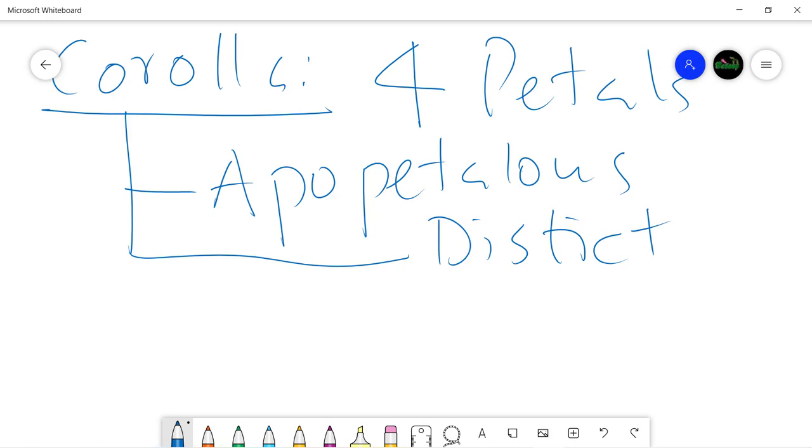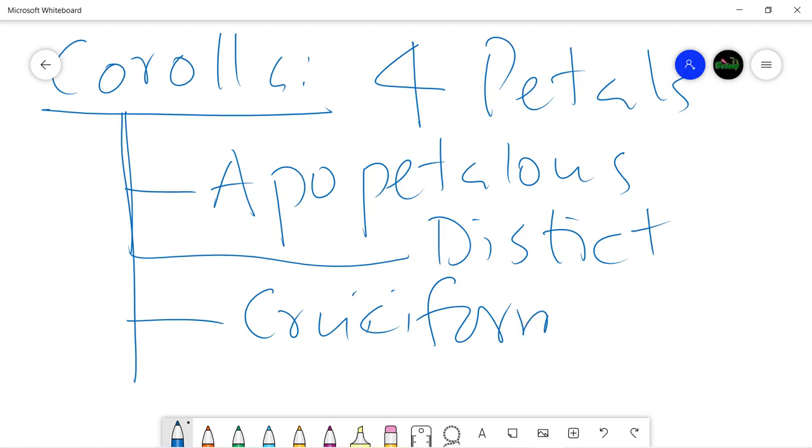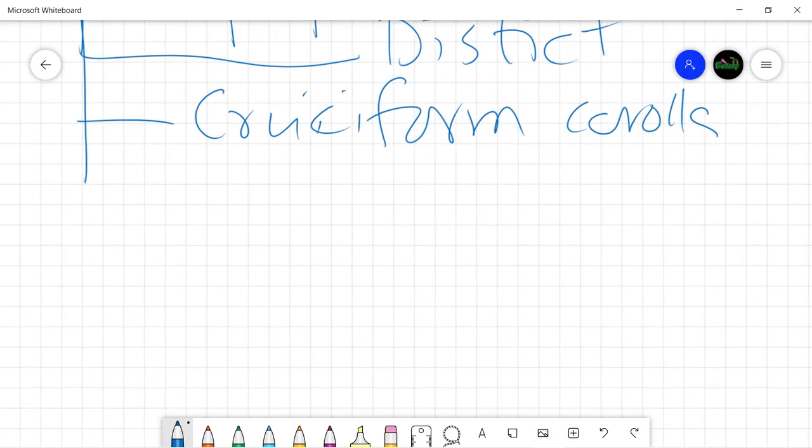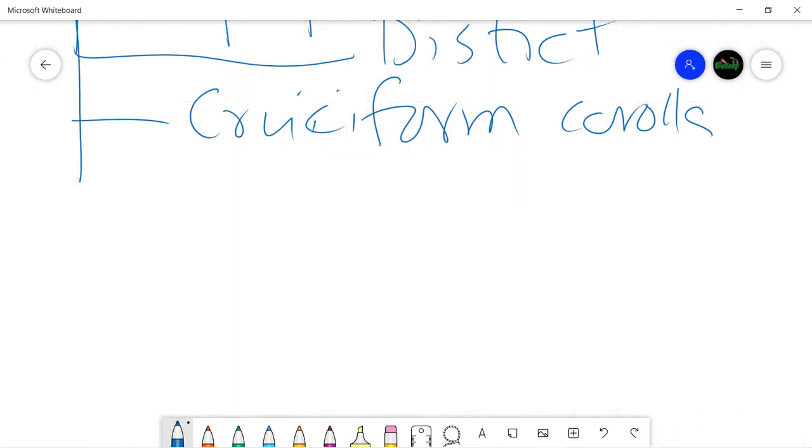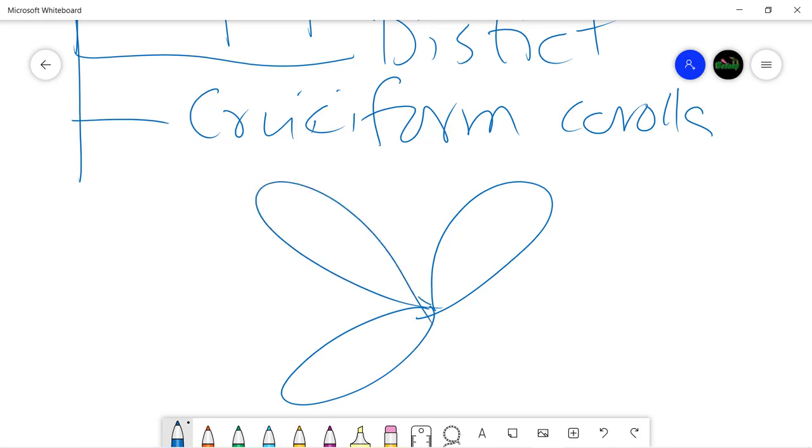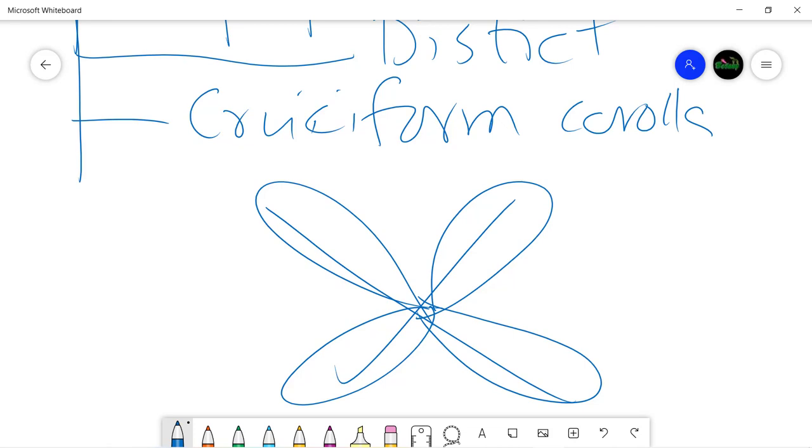Now as far as the overall arrangement of the corolla is concerned, it is very characteristic of the family, which we have already discussed in the diagnostic or distinguishing characters. So the corolla is usually referred to as cruciform corolla. That is, the petals are arranged in a cross-like manner like this, so they are arranged diagonally.